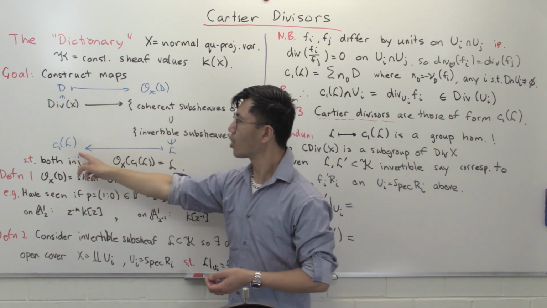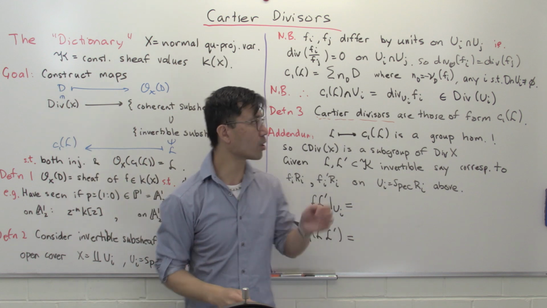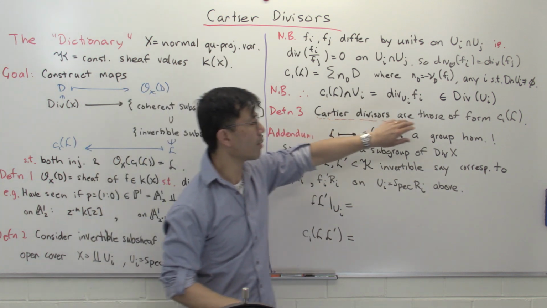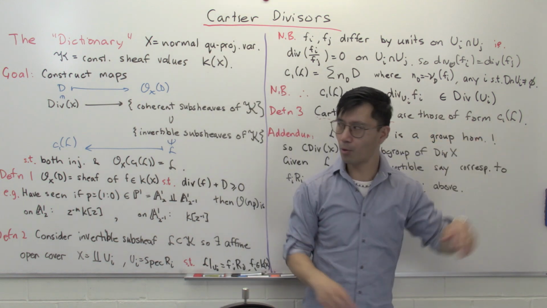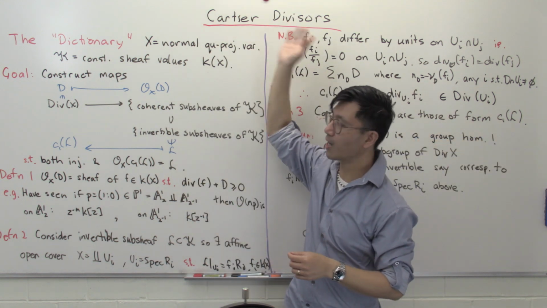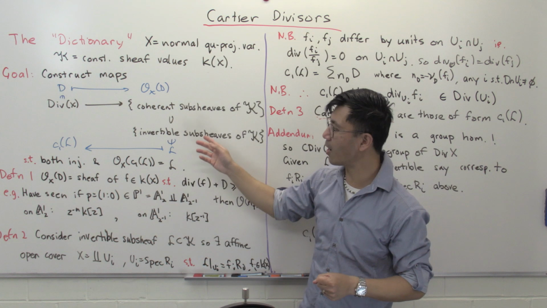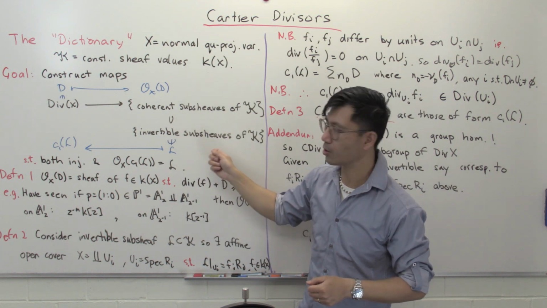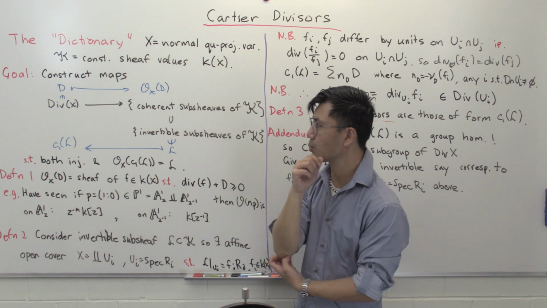The ones which do arise this way are what are called Cartier divisors. That's the reason why they're important. This notion of Cartier divisors, they're the ones that are intimately related to invertible sheaves, because they arise in this way.